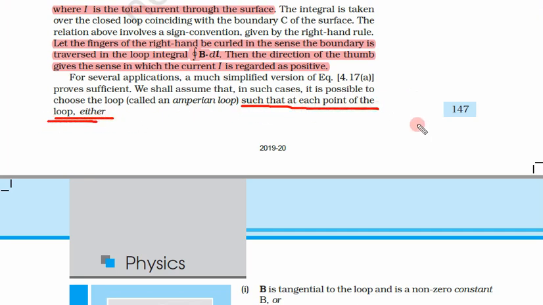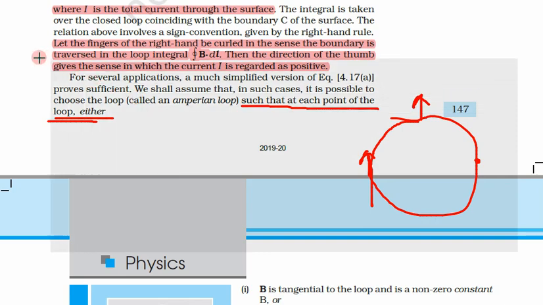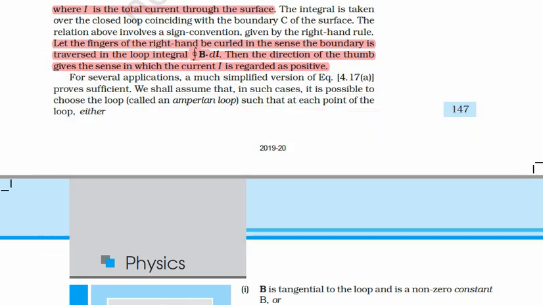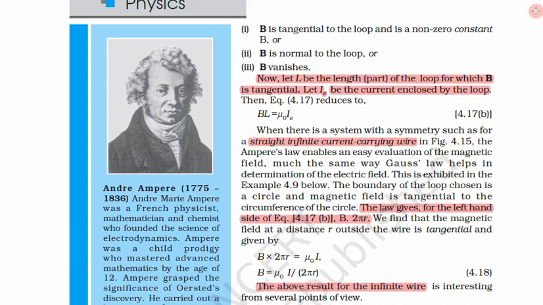So each point of the loop can behave separately. So this point of the loop is behaving like the magnetic field is tangential. This point is behaving like magnetic field is normal, and this point is behaving like there is no magnetic field. So we can choose a loop that B is either tangential, B is normal, or B is not there.